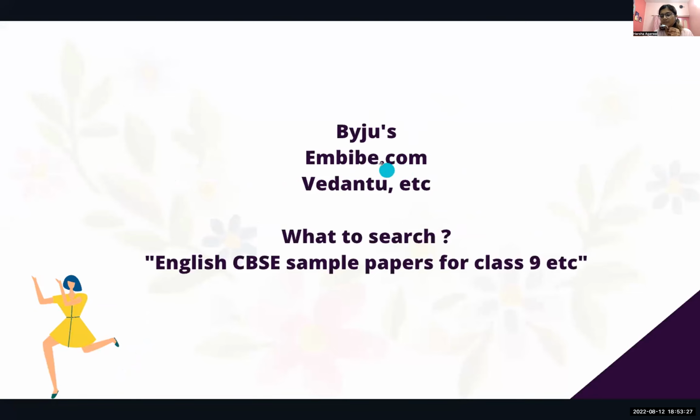These people provide everything. Even Byju's provides free resources. Use all those free resources, exhaust them. And then what to search? So many teachers are confused about how to search. Just search CBSE English sample papers for class 9 or class 7 or class 1 or class 2, etc. Practice sets. Use different words in search. Somewhere or the other you will get it.